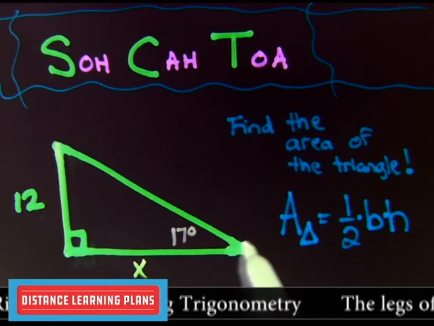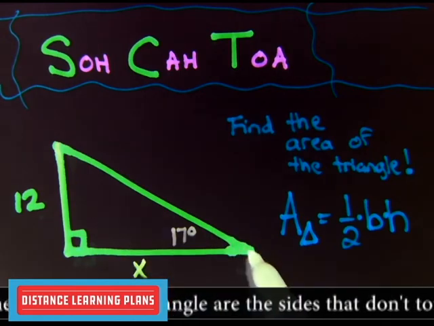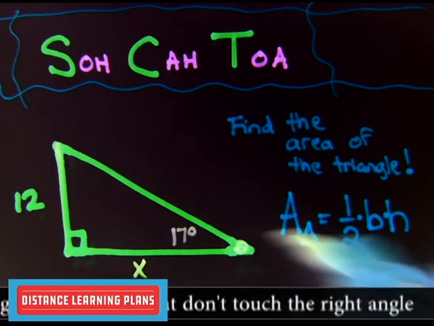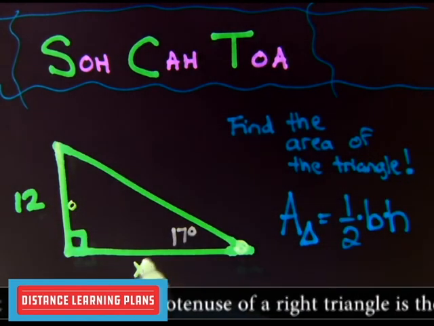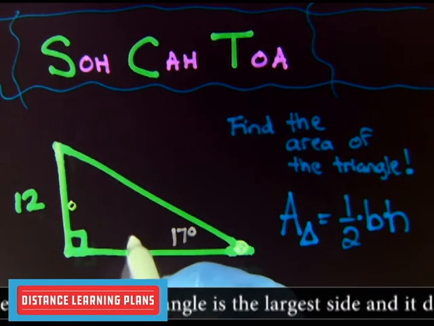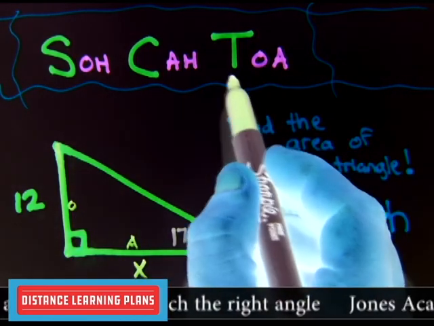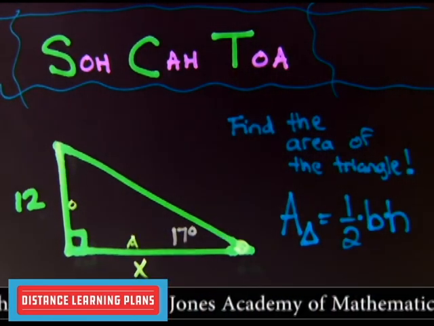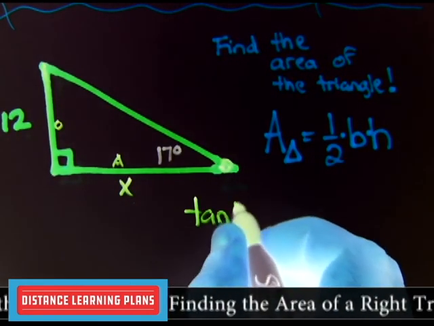Now remember with trig, it's a game of labeling your pieces as O's, H's, and A's. So from this angle they gave us, this 17, that 12 is an O. And this X that we're trying to find is an A. So we have an O and we want an A, so that means this is a tangent problem. So you write tangent, and you write 17 next to it.